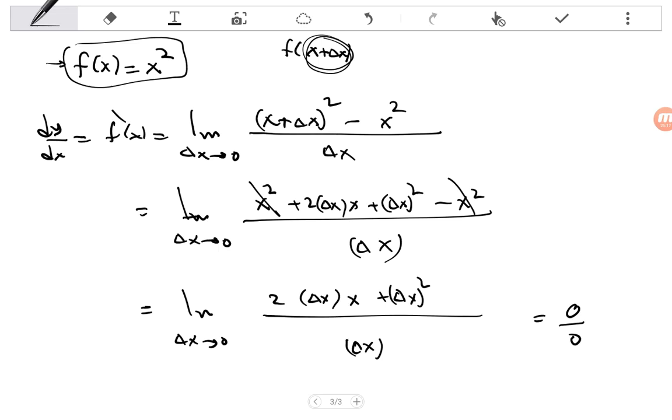Now, this is in mathematics called an unspecified quantity. Why is it unspecified? Because these are not exactly zeros. They are infinitesimals.